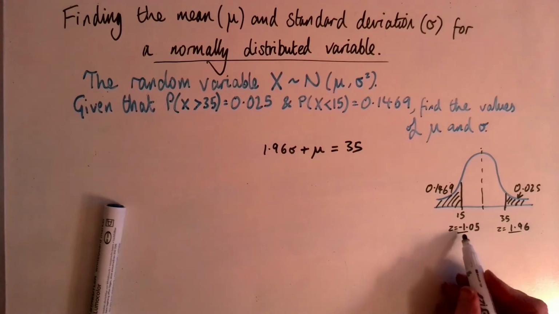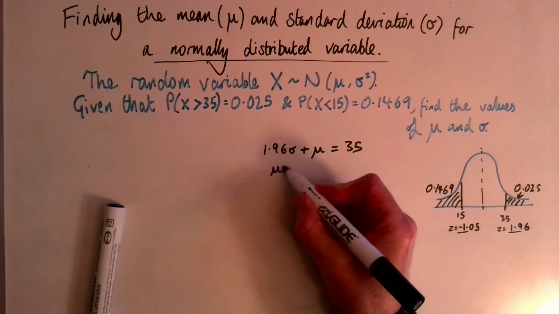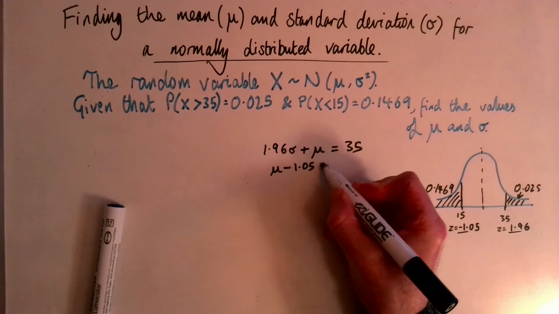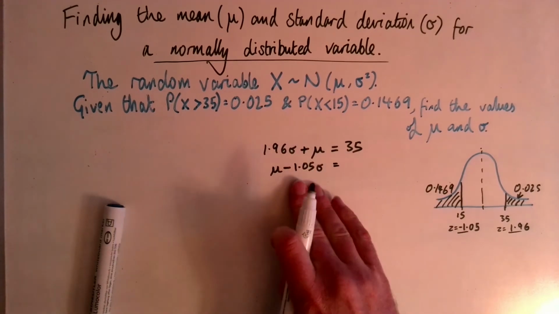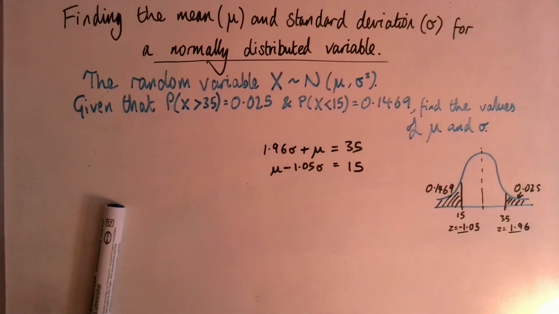And here, if you had the mean and you took 1.05 standard deviations from it, you would get 15.